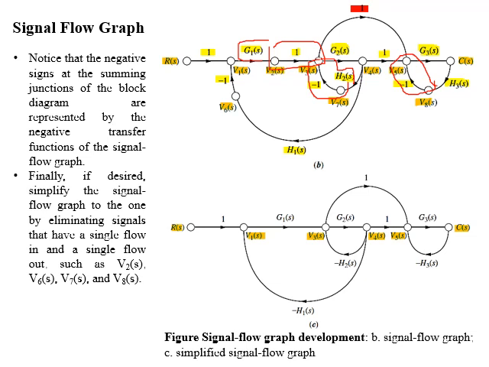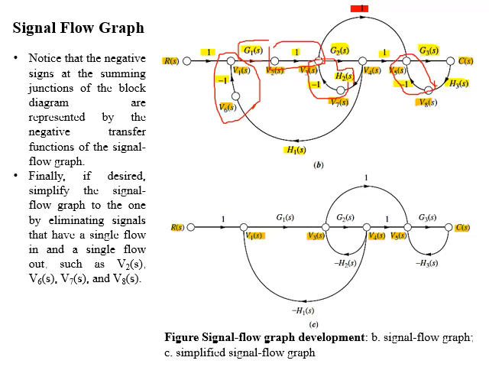In a similar way, if you look at the nodes, V4(S) and V7(S) are connected with branch gain H2(S), and V7(S) is connected to V3(S) with a branch gain -1. So we remove node V7(S) and make a single branch of gain minus H2(S).